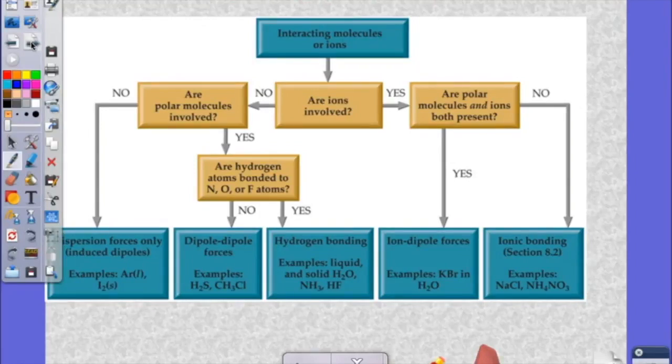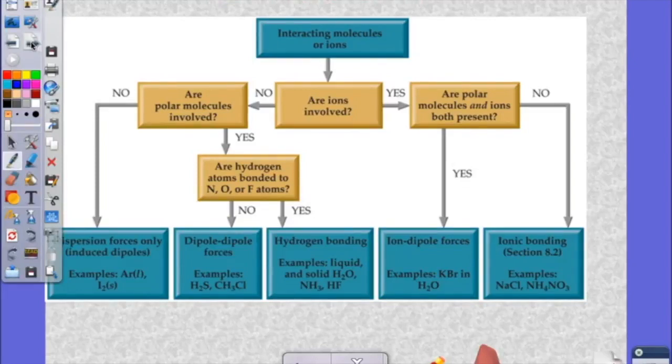Dispersion, or London dispersion, or induced dipole, those are the weakest intermolecular forces. They are forces between non-polar molecules, even though all the others also include that weak force.